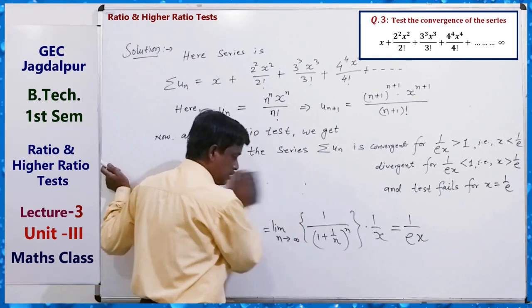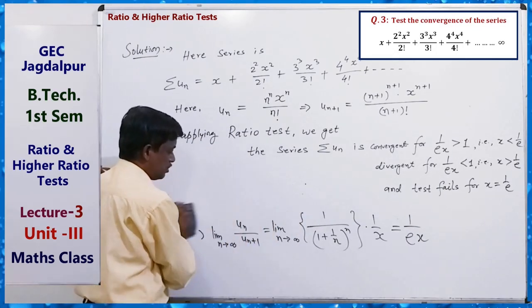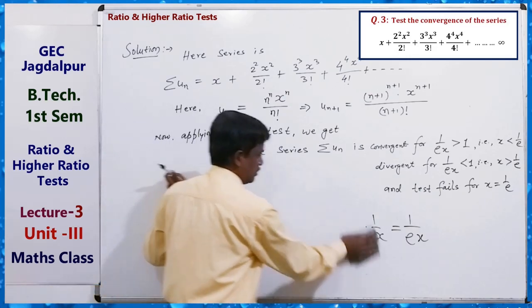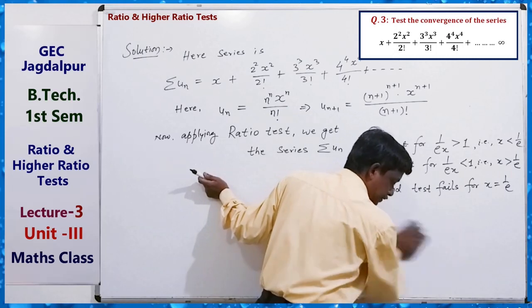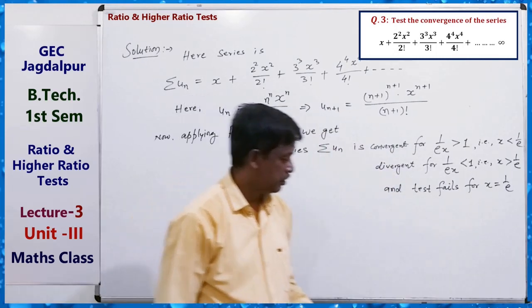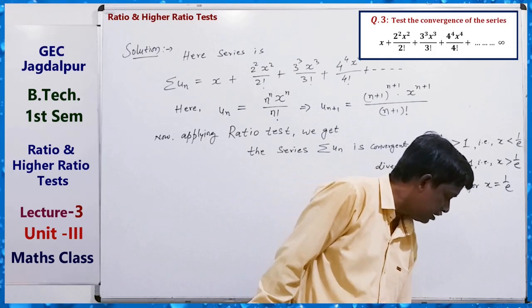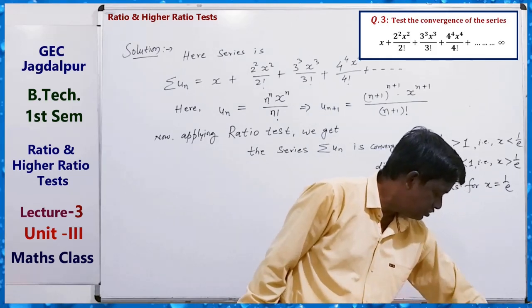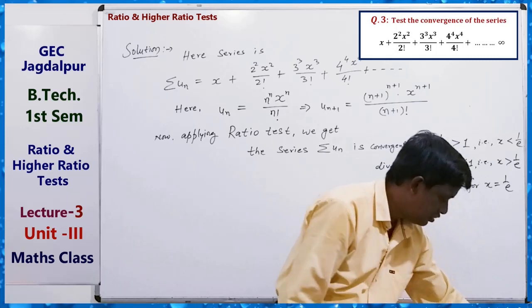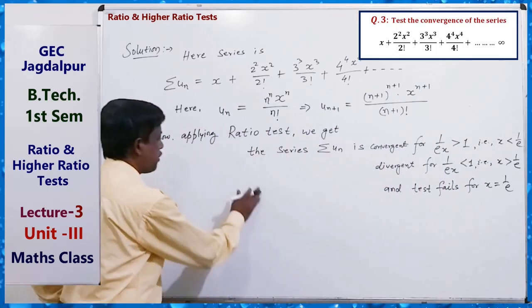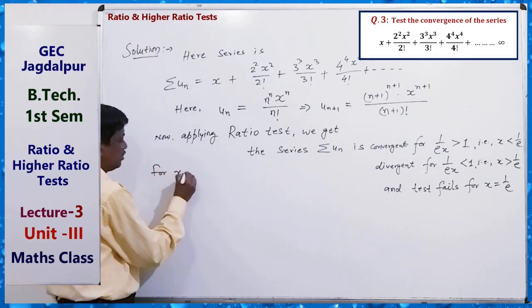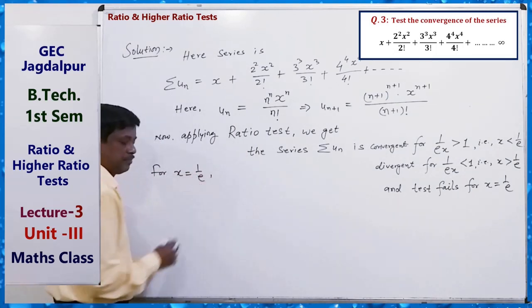Here, the value of un upon un plus 1 equals to... we are getting what? Un equals to... for x equals to 1 by e.